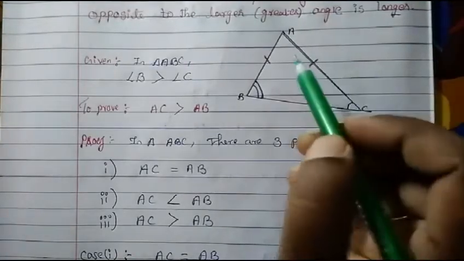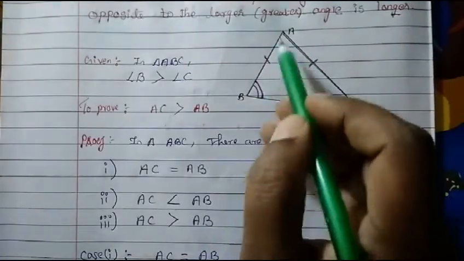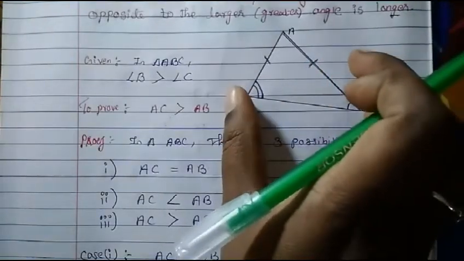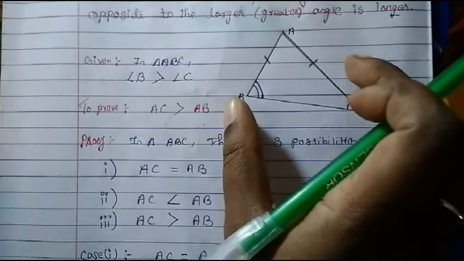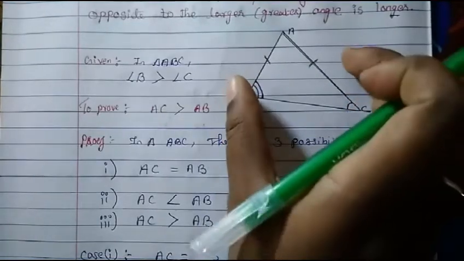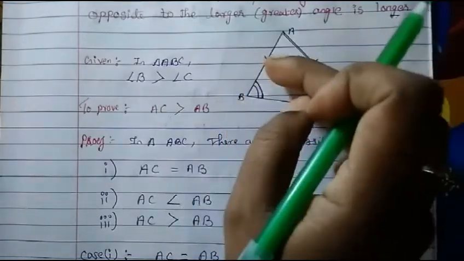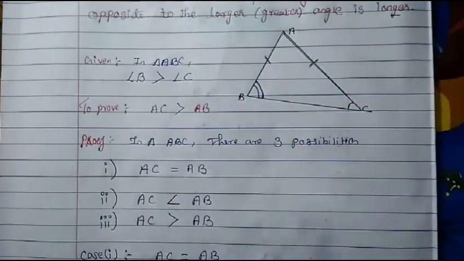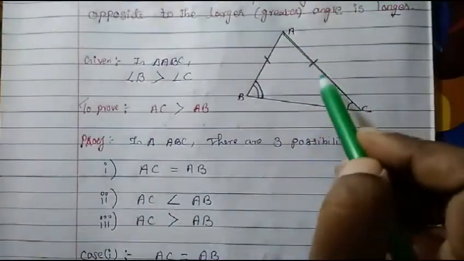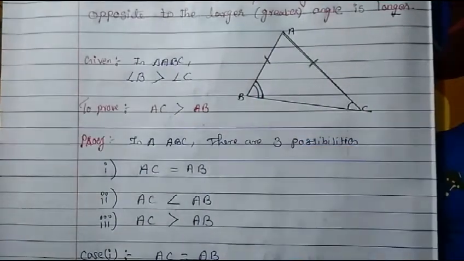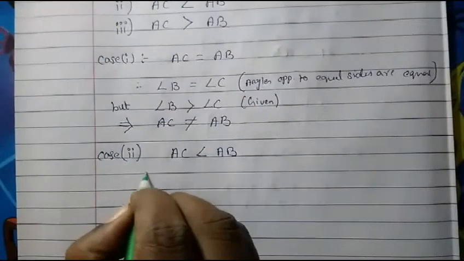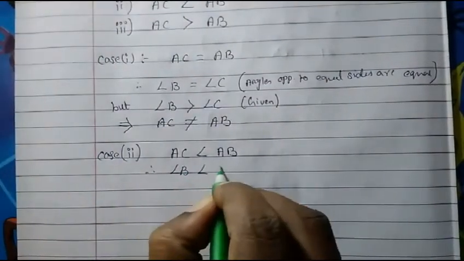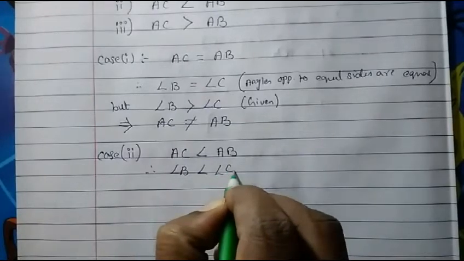We are saying that AC is smaller and AB is bigger, so these are two unequal sides. If two sides are unequal, the angle opposite to the smaller side will be smaller. So if AC is smaller, then angle B should be smaller than angle C.